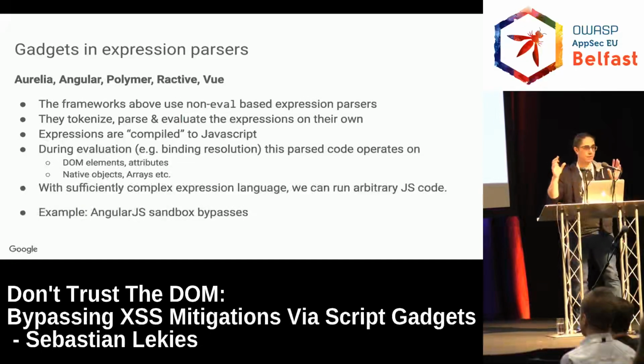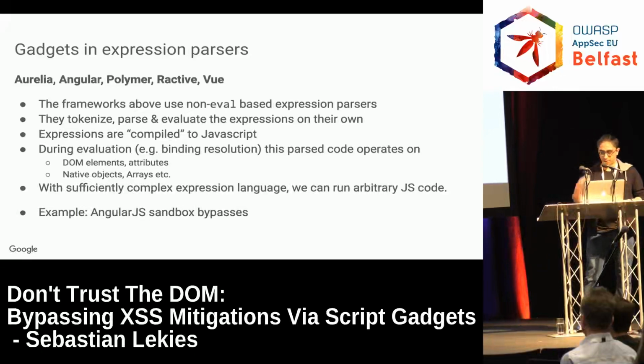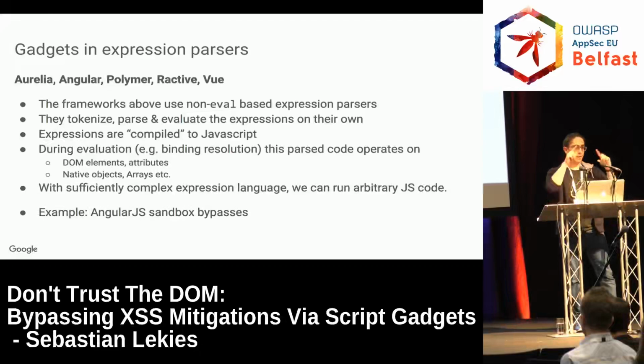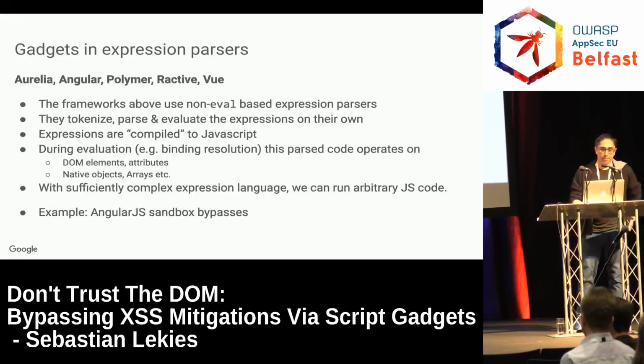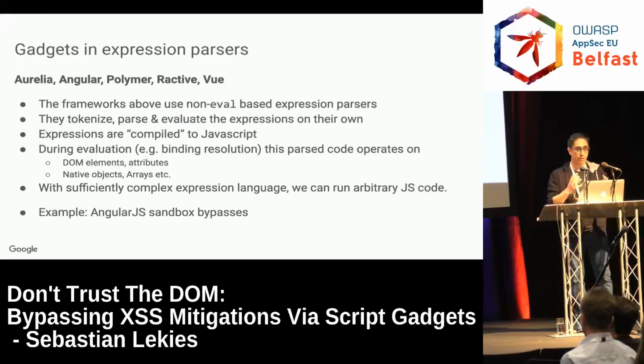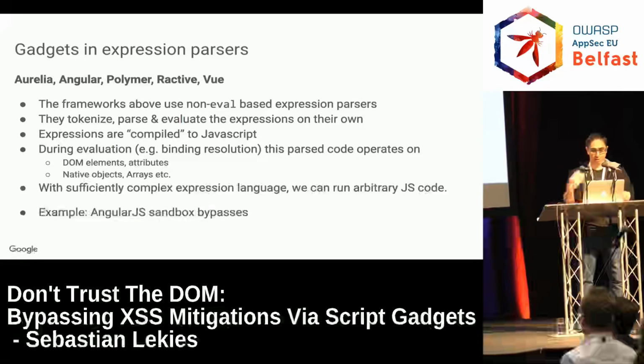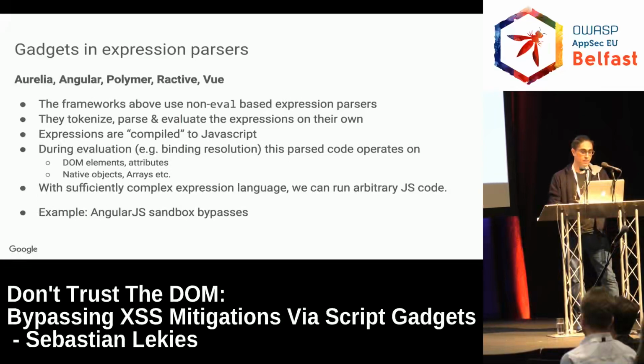In the DOM, there's a piece of code that is being evaluated using a custom, framework-specific parser that is not based on eval. This is the important part, because, for example, as Sebastian showed before, the expressions in the underscore templates in the percent tags were simply passed to eval. Those are not the ones that we are talking about. Those expressions in those frameworks are being compiled to JavaScript using custom code, custom parsers, ASTs, tokenizers, and all that.